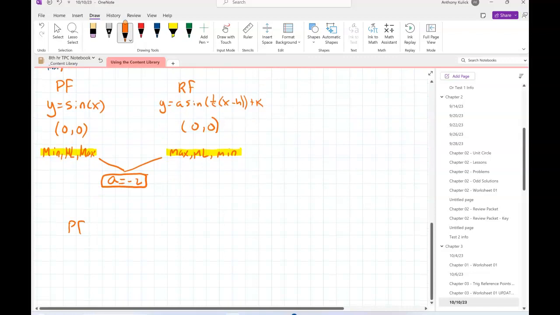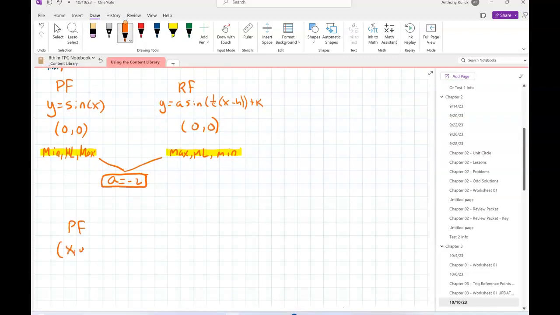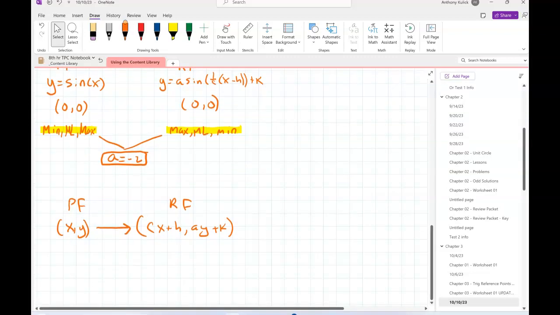So remember when we were graphing, we noticed that if we take some point on the parent function and we apply the transformation Cx plus H, Ay plus K, that's going to give us a point on the resultant function. This is what I'm going to use to figure out what H is.